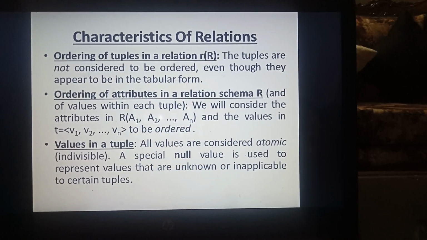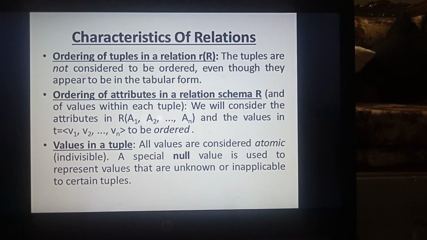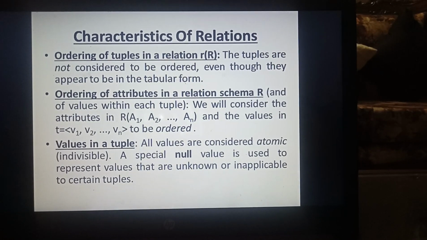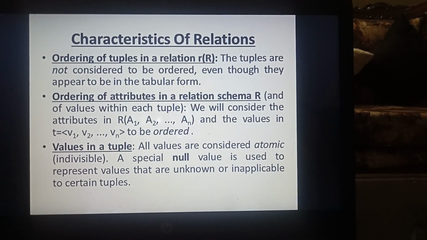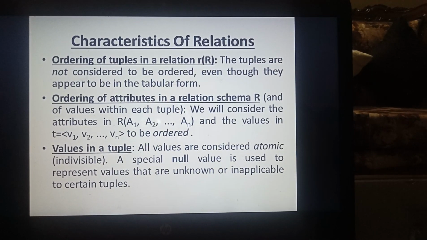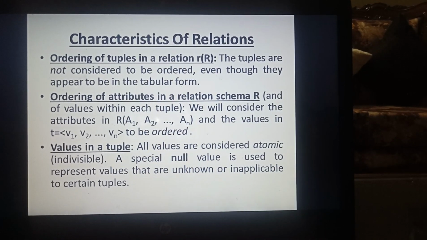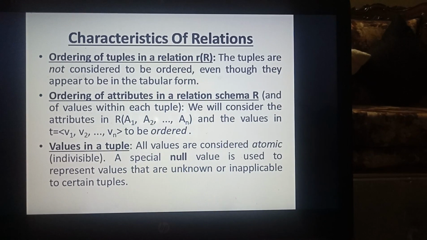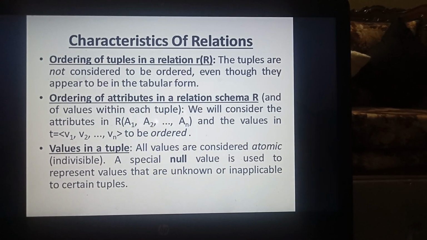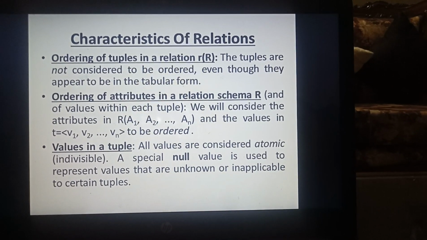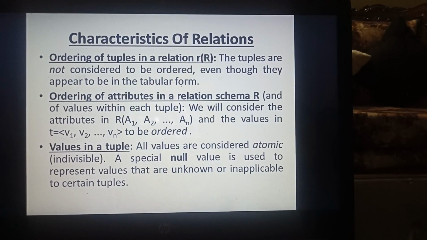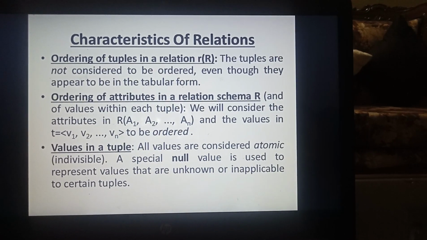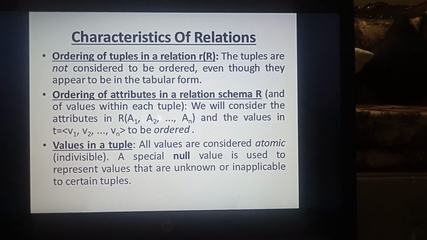Second is ordering of attributes in a relation schema R. Now we consider the attributes in relation R, A1, A2, An and the values V1, V2, Vn to be ordered. This means that suppose we have kept attributes in a particular order like roll number, name and contact number.